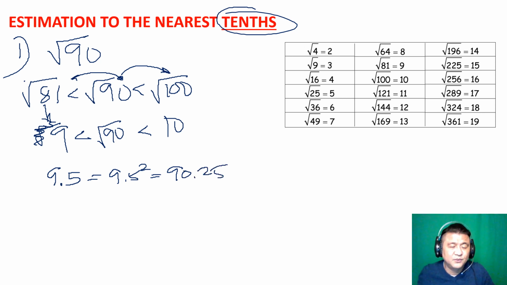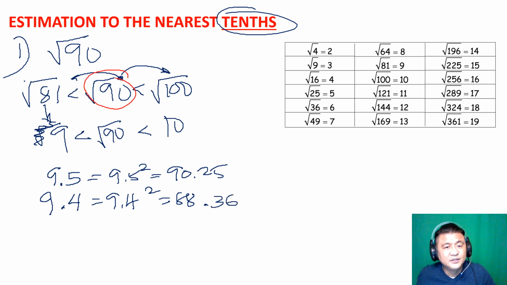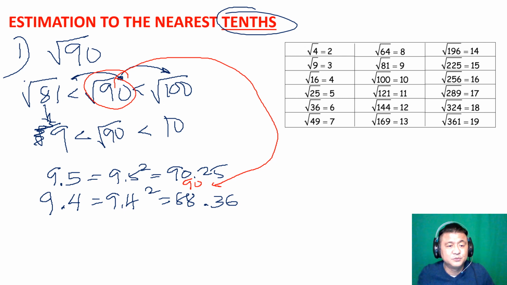Let's try the lesser one. 9.4, 9.4 squared will give me 88.36. So where is 90? 90 will be in between here. So a better approximation would be this.